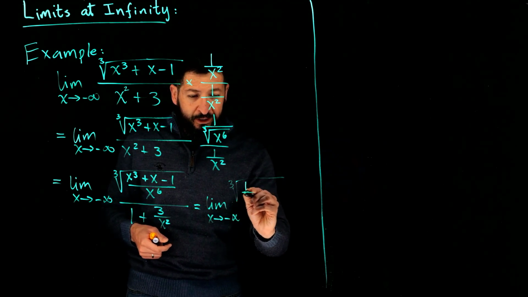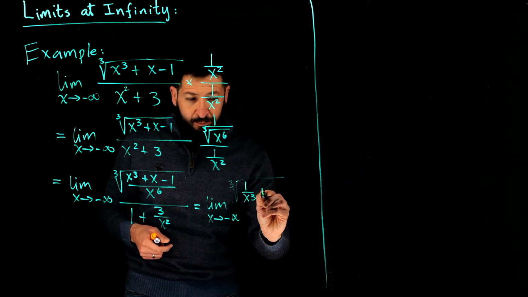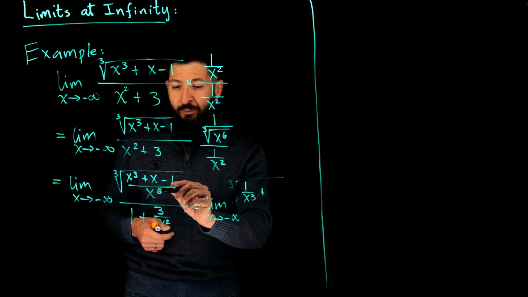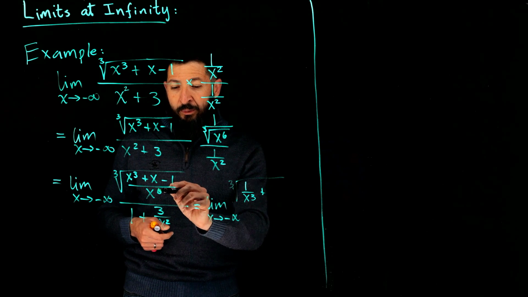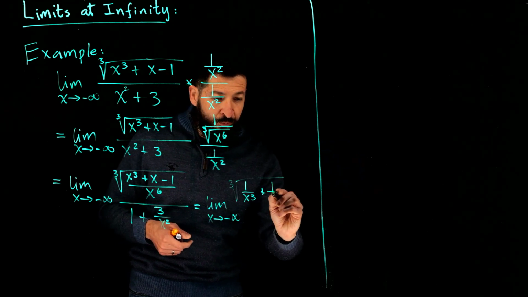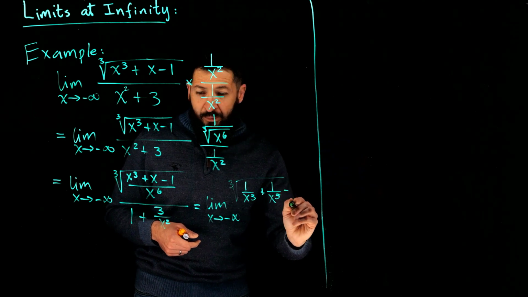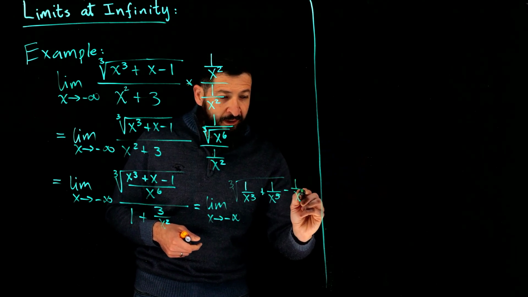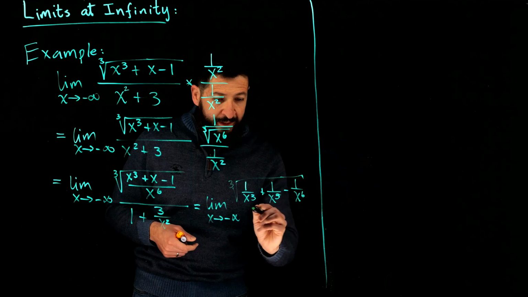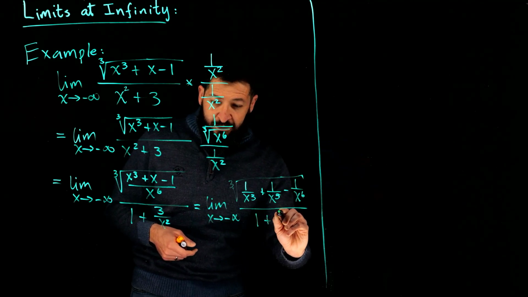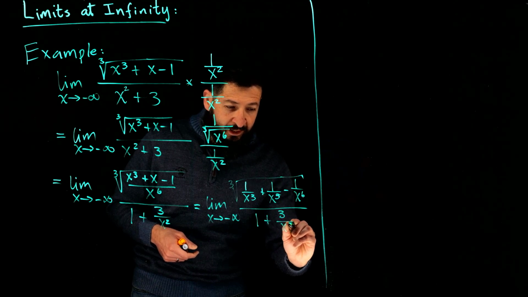I get 1 over x cubed plus x divided by x to the 6th, which is going to be x to the power 1 over x to the power of 6 minus 1, so 1 over x to the 5th. And then minus 1 over x to the 6th. All over 1 plus 3 over x squared.